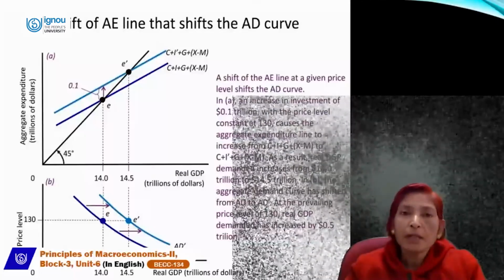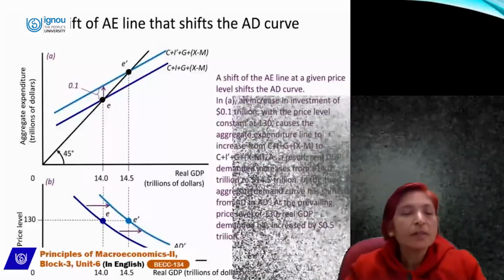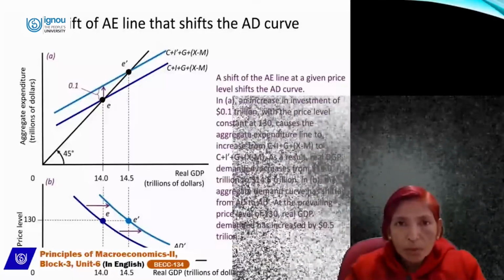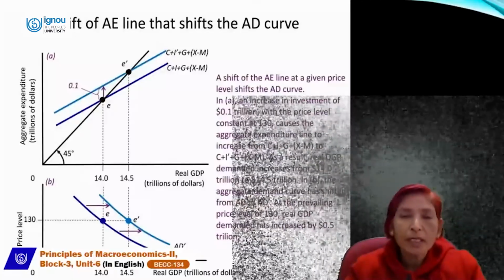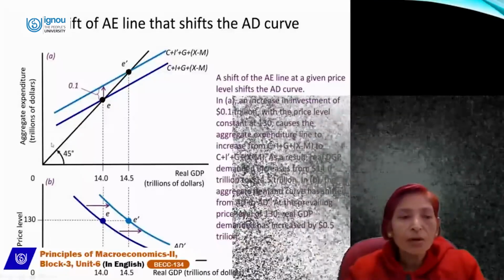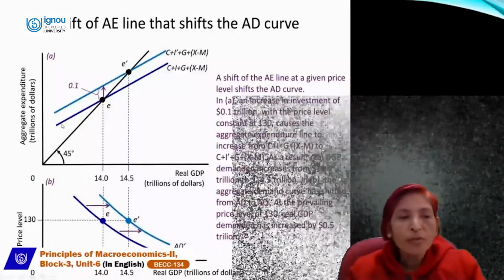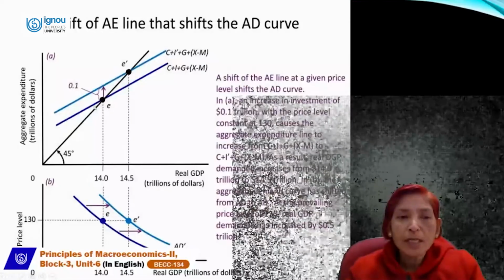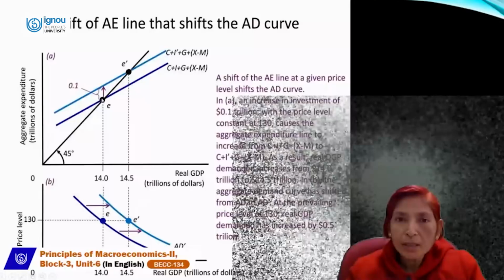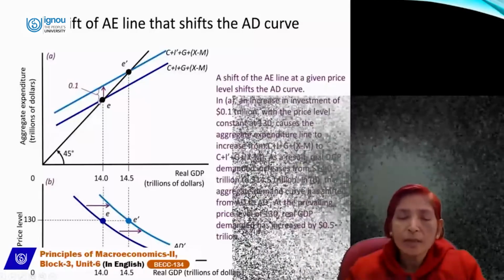And the aggregate demand curve can never start from the origin because demand can never be zero. So the aggregate demand or aggregate expenditure line will always start from the y-axis, not from the origin. So where the aggregate expenditure line and the 45-degree line intersect each other, the equilibrium point is determined.